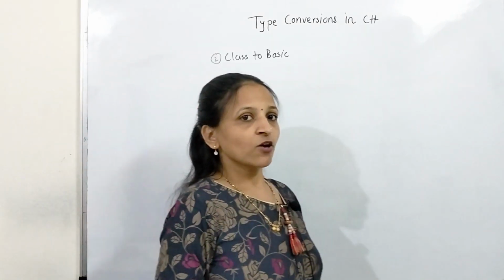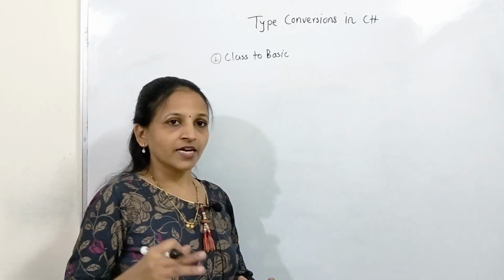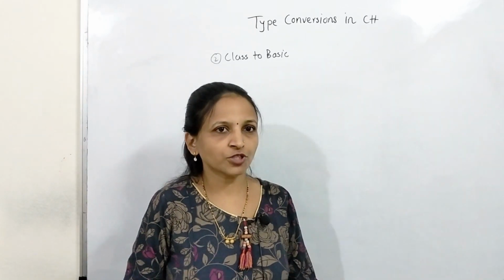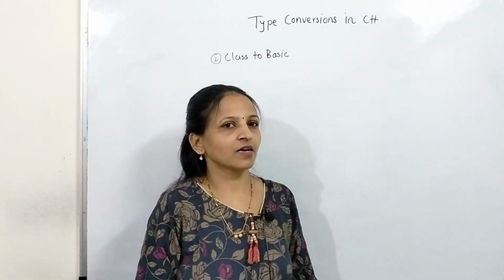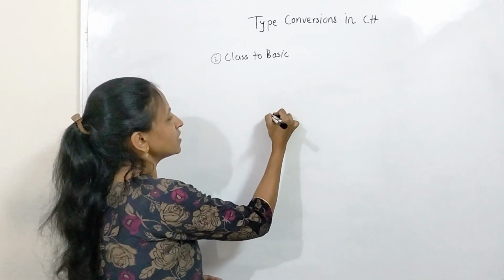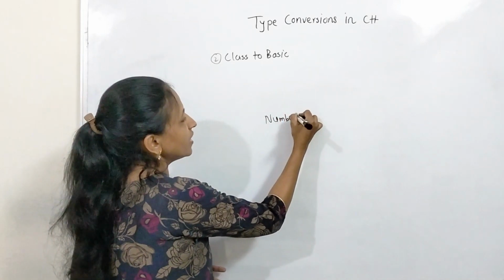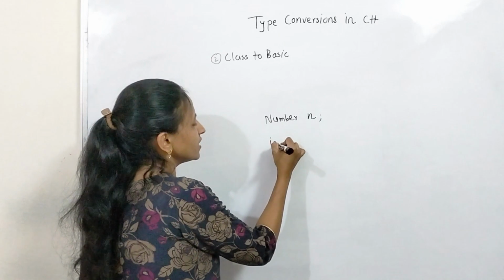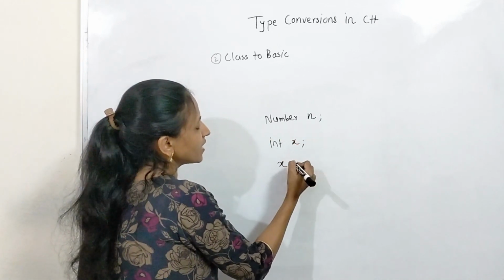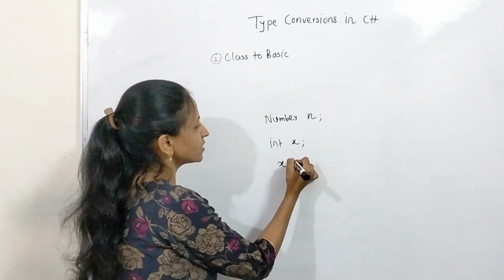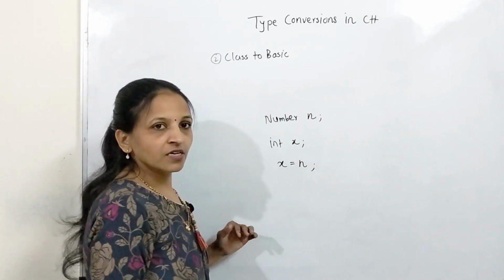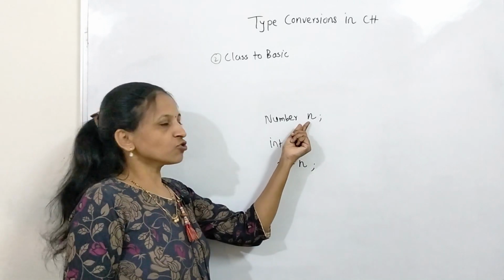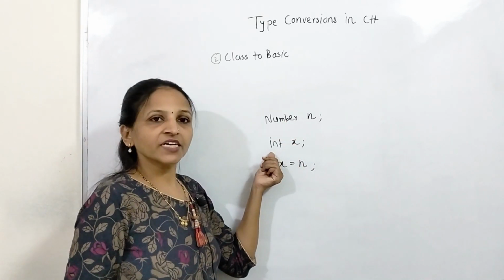Suppose we have created a class and we have one object of that class, and I want to convert that object to a basic data type. Suppose there is a number class and we have one object of that class, let n, and there is one integer variable, let x, and I want x = n to be executed. Both have different data types, because n is of type number and x is of type integer.